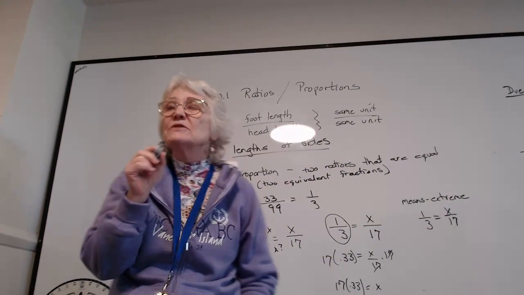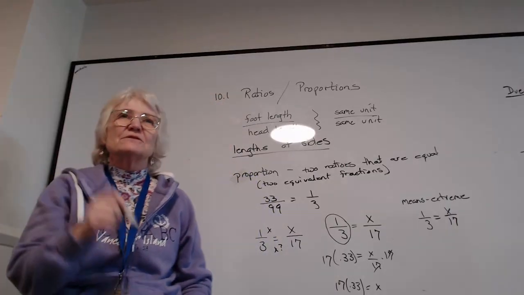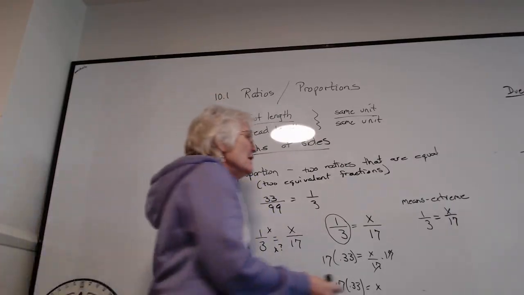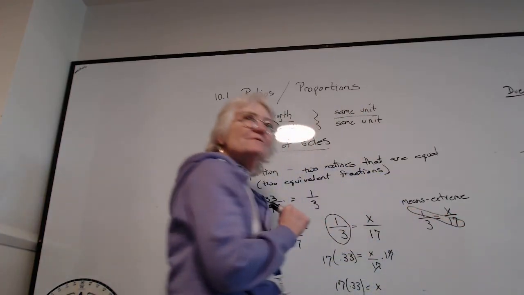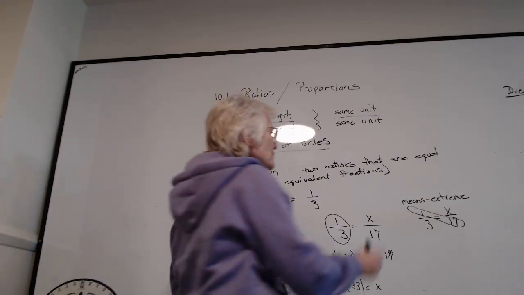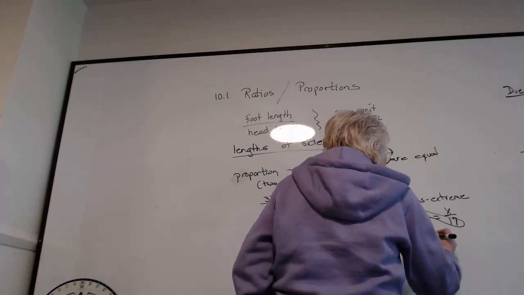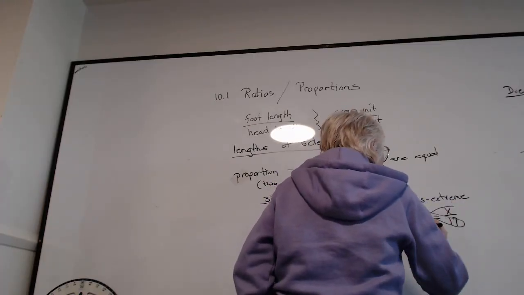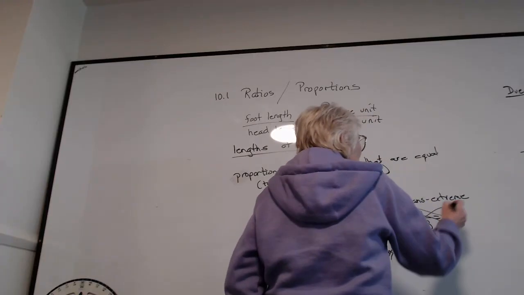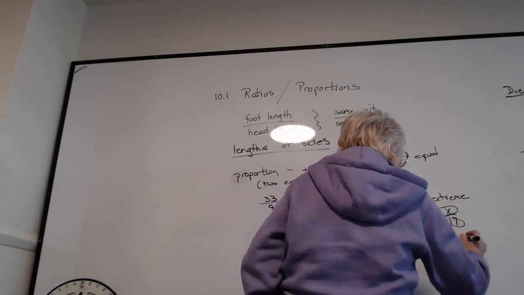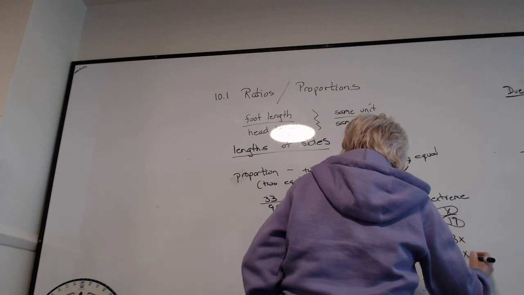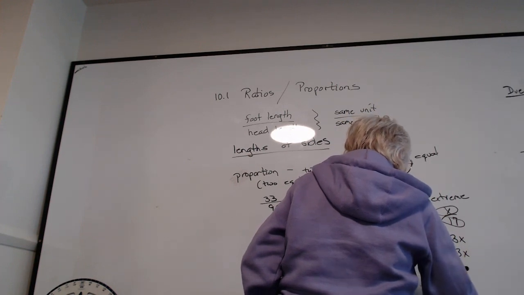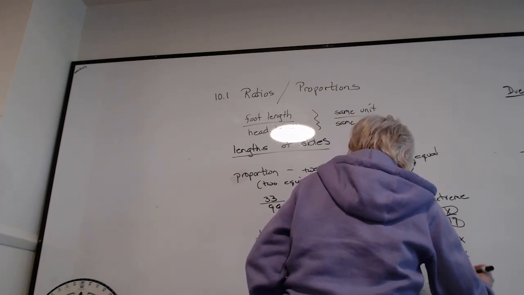Because when you have a fraction equal to a fraction, you actually end up multiplying the two opposite ones. So 1 times 17 will equal this times this, the other two opposite ones, which is 3x. So 17 equals 3x. 17 divided by 3 is equal to x.